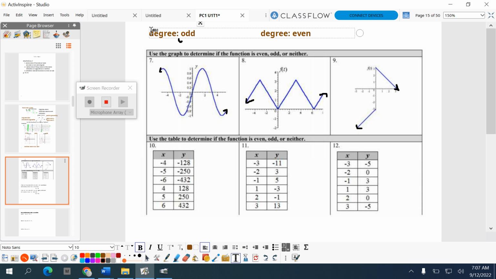And number 9, the degree, I question anything that's broken off. So I'm going to put a question mark there. I'd be careful with that one. Anything that's broken has a discontinuity. It's discontinuous. Language we'll see pretty soon. We want to just put a full stop and put a question mark and question it.